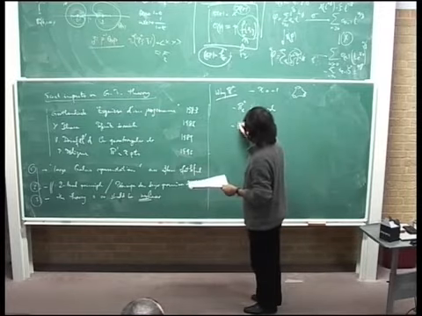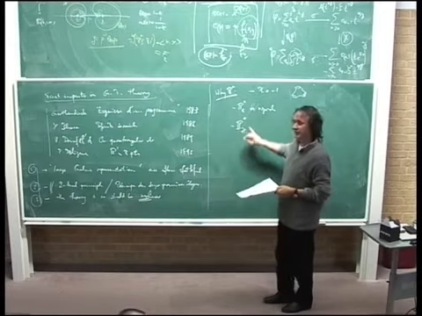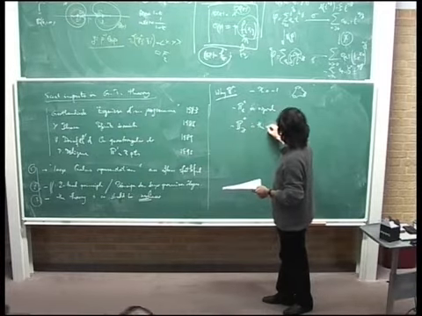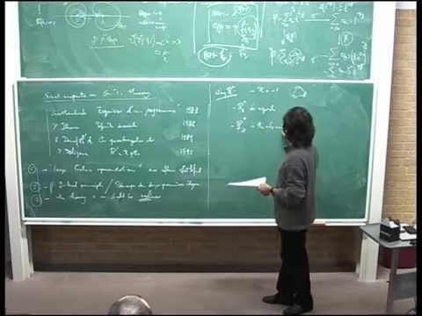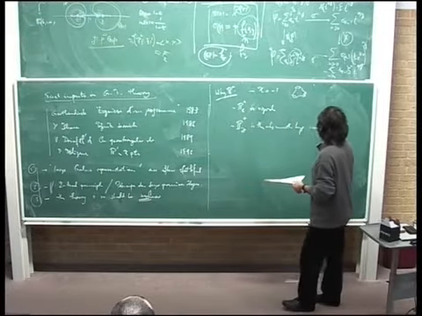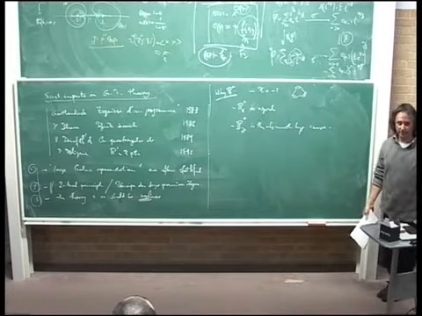Something which is less trivial, maybe Pierre will correct me, and I like this one: over Z, this is the only smooth hyperbolic curve. There's only one smooth hyperbolic curve over Z, and it's P1 minus 3 points.